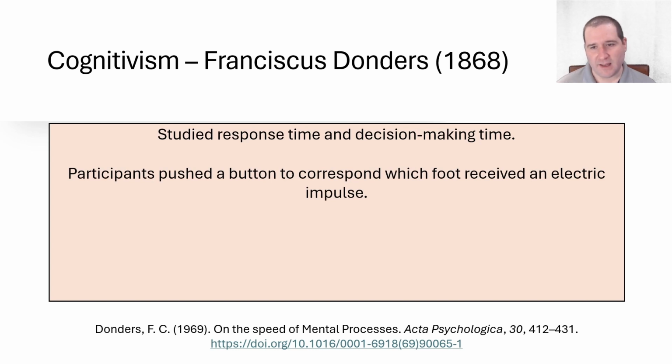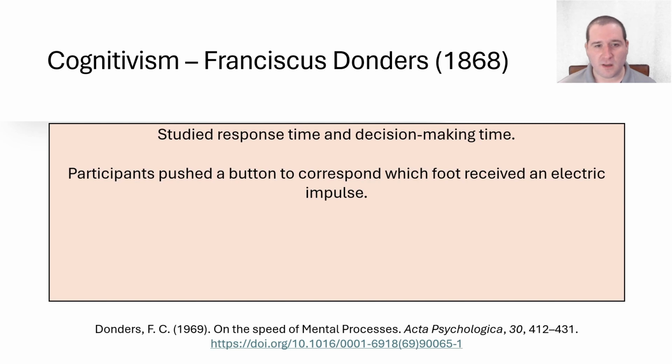What he did is participants would receive a small shock on either their right foot or left foot on this kind of, he called it a seesaw, it was this electric board, and they would either push a button with their right hand or left hand to show which foot received the shock. Okay, so his whole thought was he wants to try to time how long it takes for the brain to make a decision.